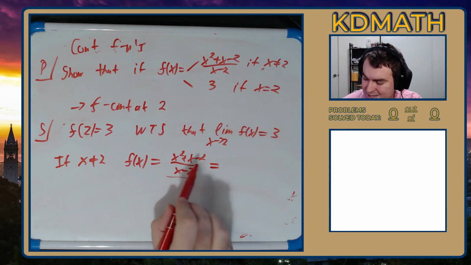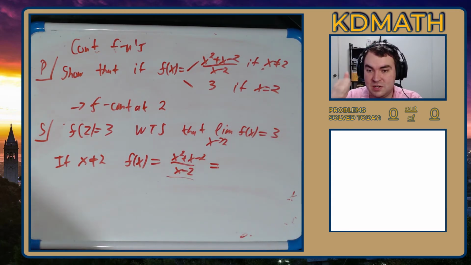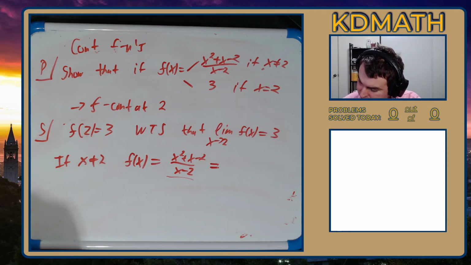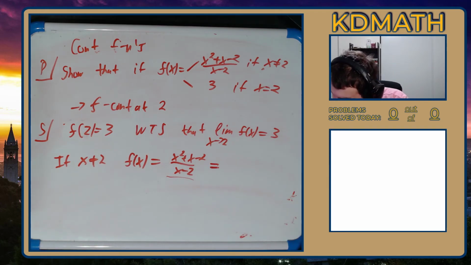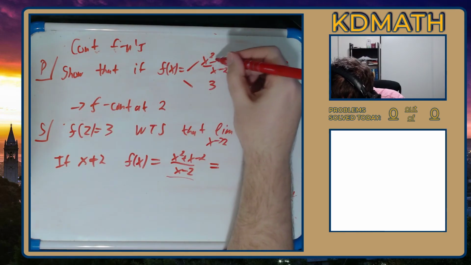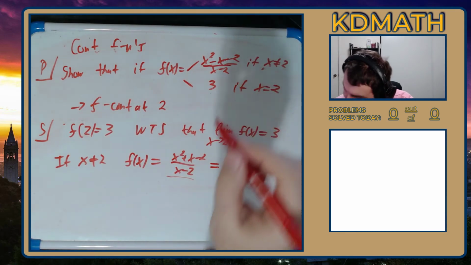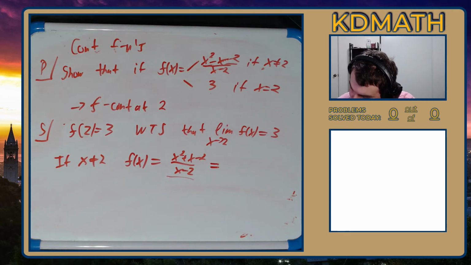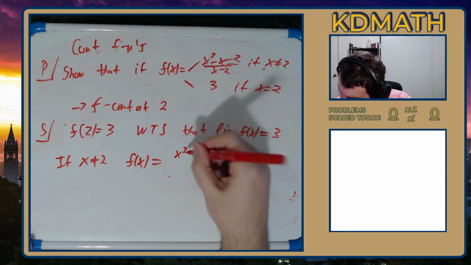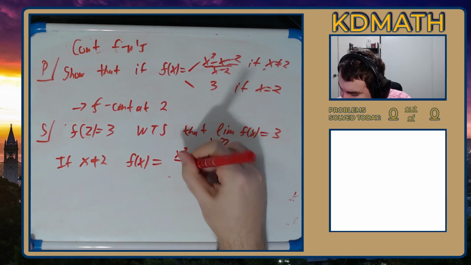What we do know, however, is how to factor quadratic stuff. X squared plus x minus 2 is 0 at 1. And oof, did I mess this up? I did mess this up. Let's make it a minus. See, that's the risk of making up stuff on the spot. This should work now. X squared minus x minus 2 divided by x minus 2.